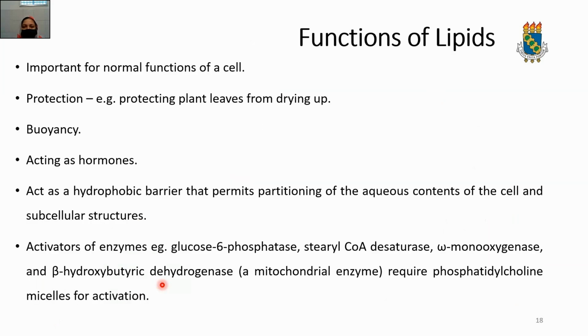So now coming to the function of the lipids, what are their biological roles? We have a different variety of functions that are performed by these lipids in different organisms, different plants and different animals. Number first is protection.